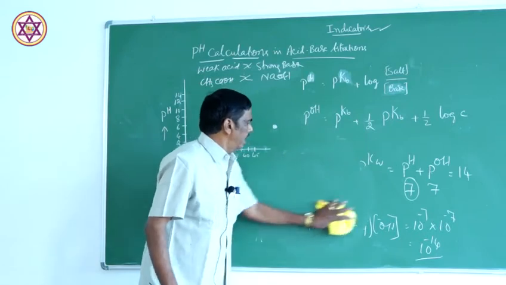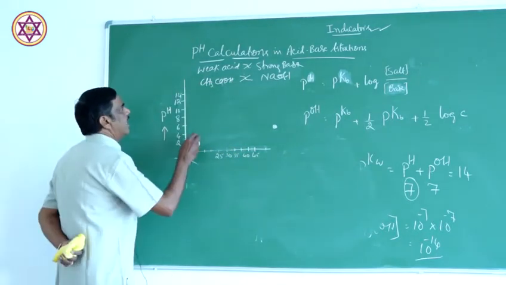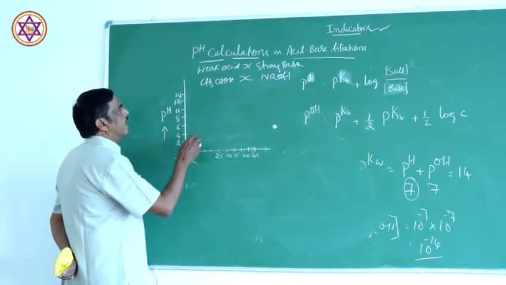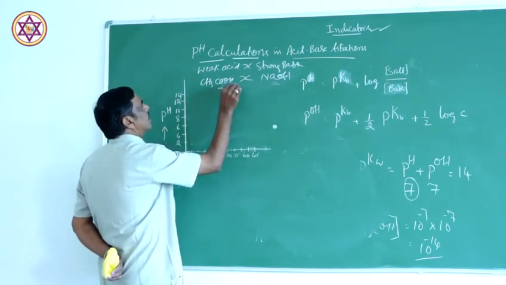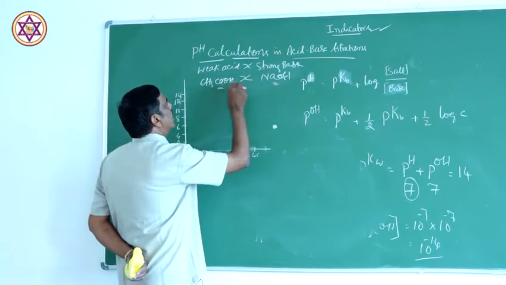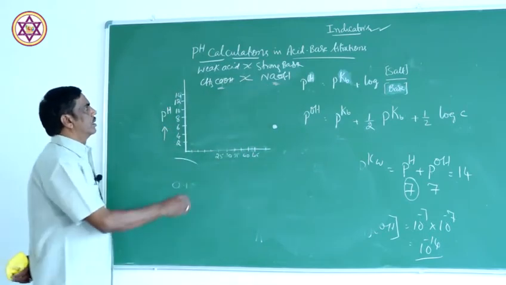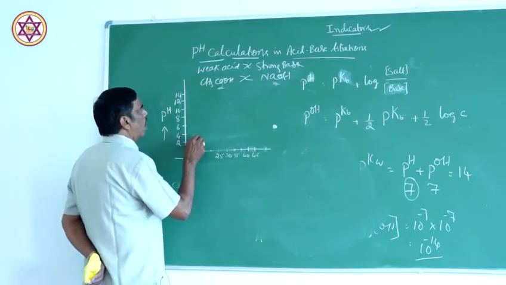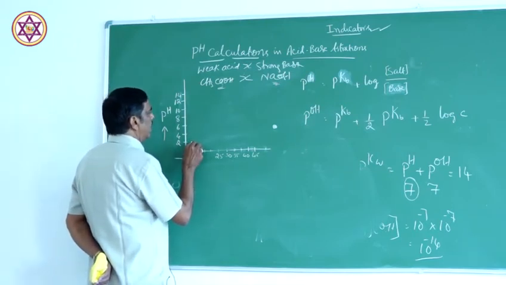In the beginning, acetic acid has pH less than 7. When you go on adding sodium hydroxide, because this is a weak acid, immediate neutralization takes place and suddenly the pH changes. If you see the curve of this titration, it is like this.